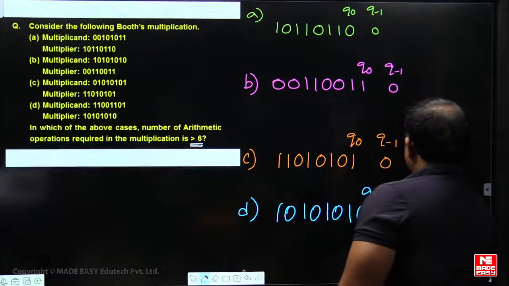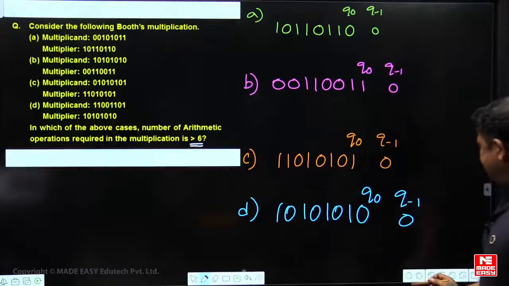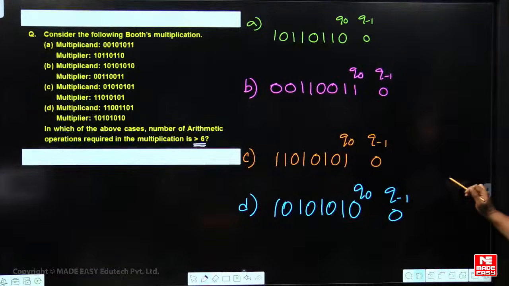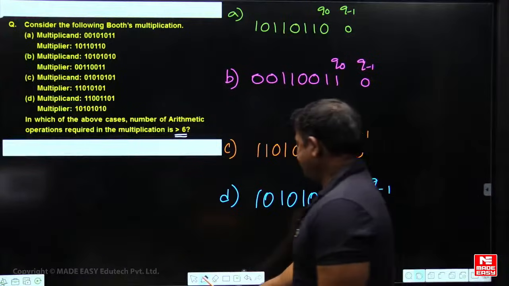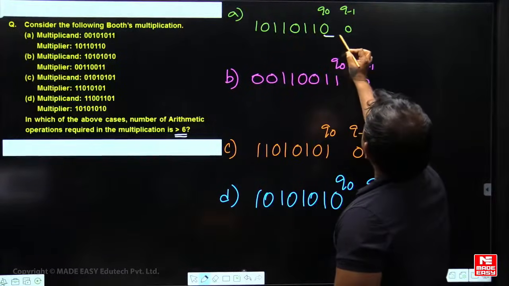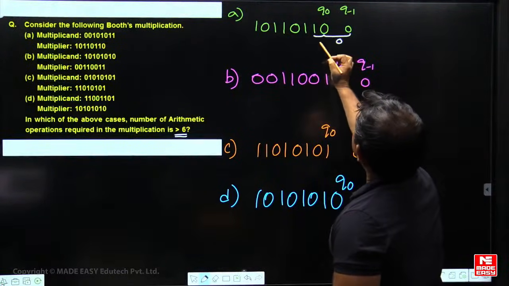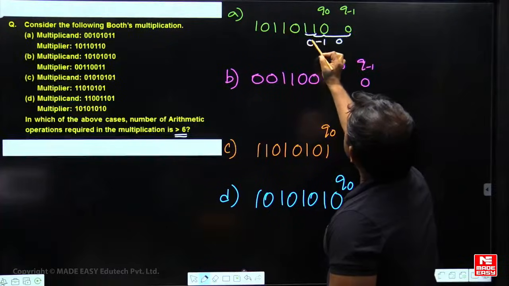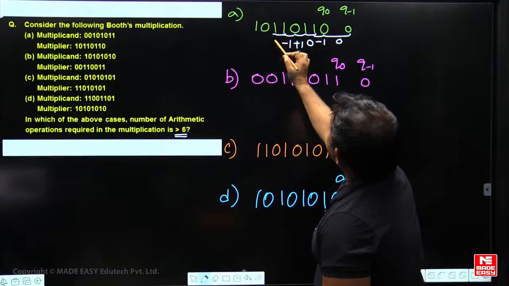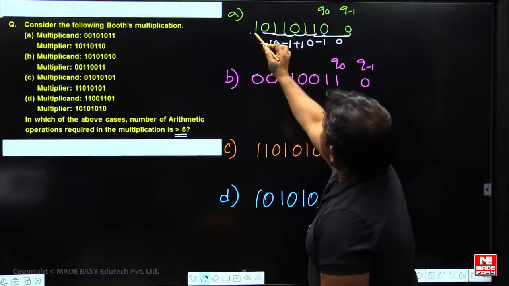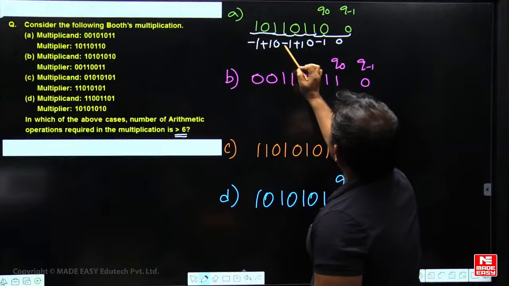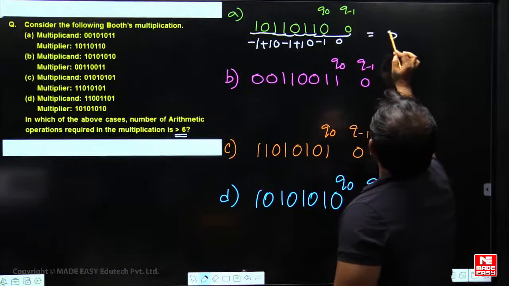This is Q naught, Q subscript minus 1. Then verify the pairing. Here, this pair. Next pair, 1. Next pair, minus 1. Next pair. You know, the number of operations is 5 arithmetic.